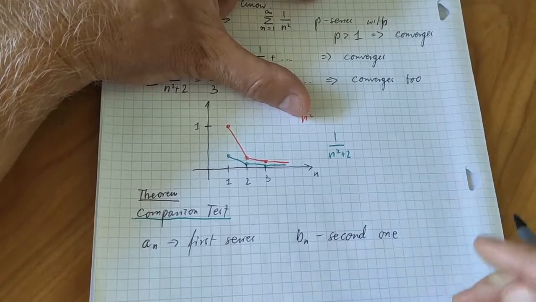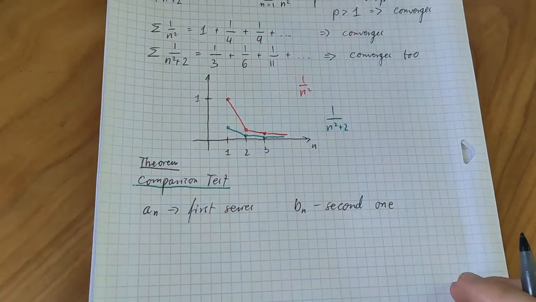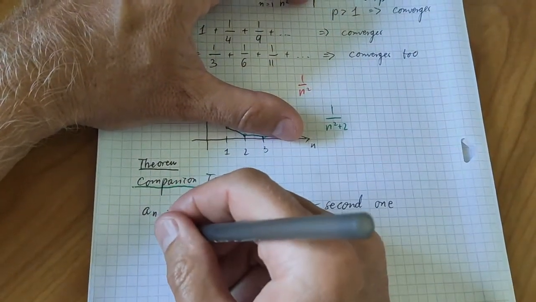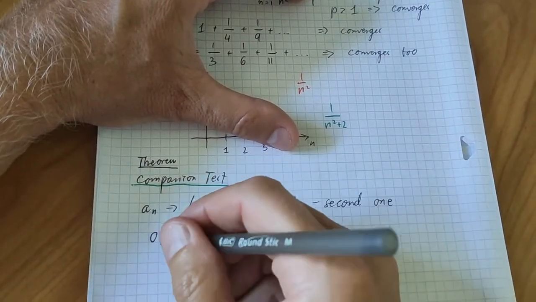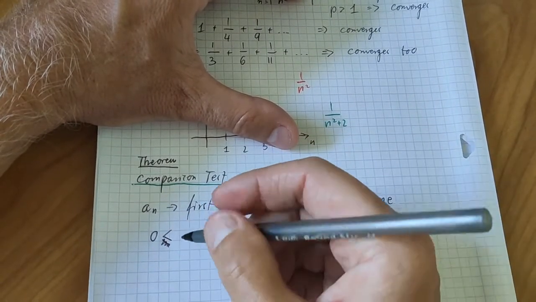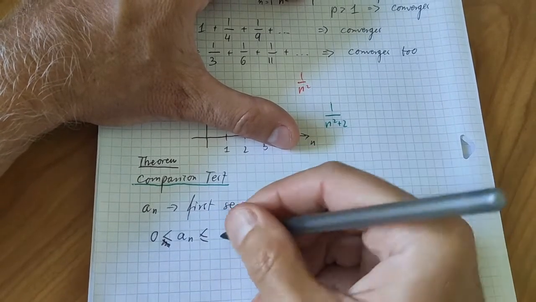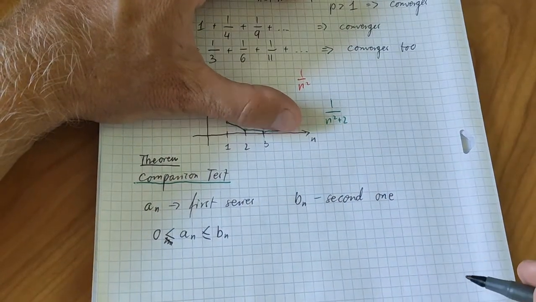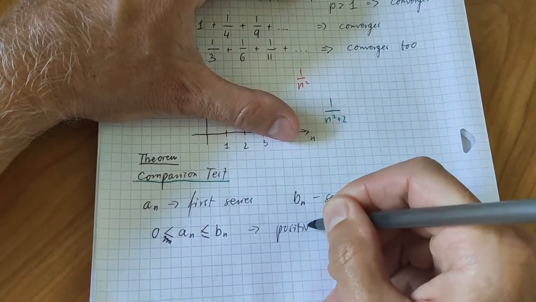They both have to be positive series, so they cannot have any negative terms. Let's assume that a sub n is less than b sub n, and b sub n needs to be positive, it cannot be 0. So these are positive term series.